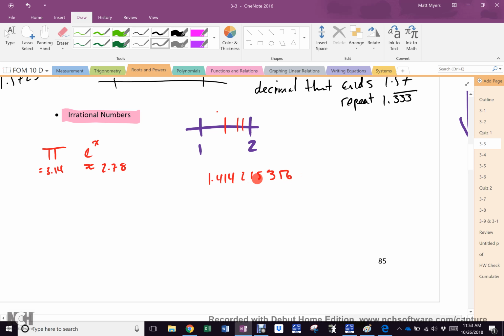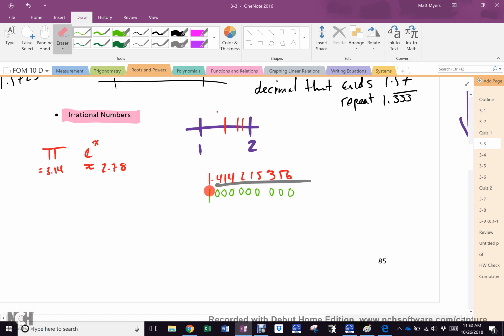This is rational because this is 414,215,356 over... billions. A very tiny number, yes? But rational.